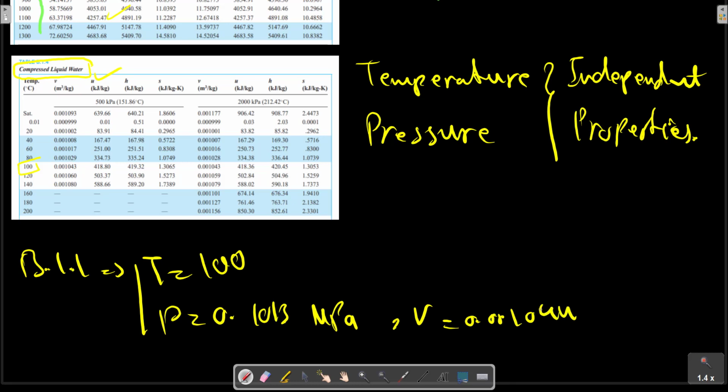suppose the pressure is increased to 10 megapascal, while the temperature is held constant at 100 degrees centigrade by the necessary transfer of heat Q. Since water is slightly compressible, we would expect a slight decrease in the specific volume during this process.